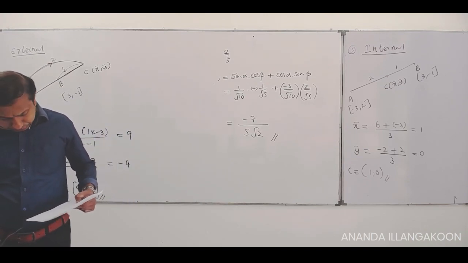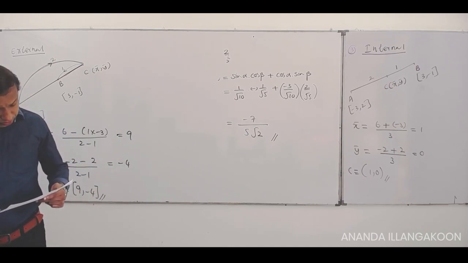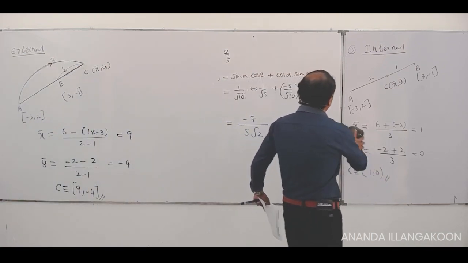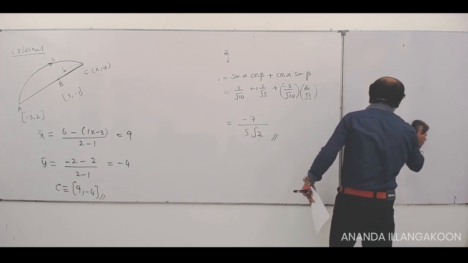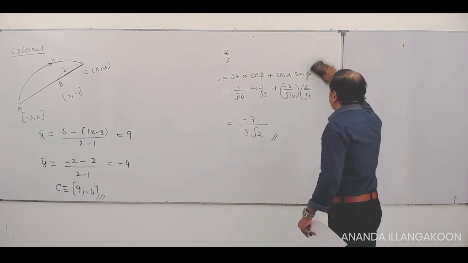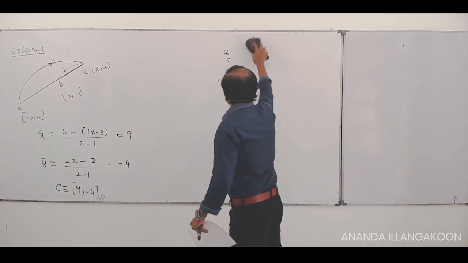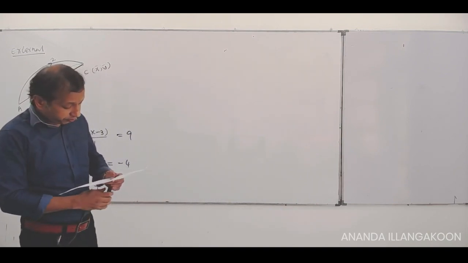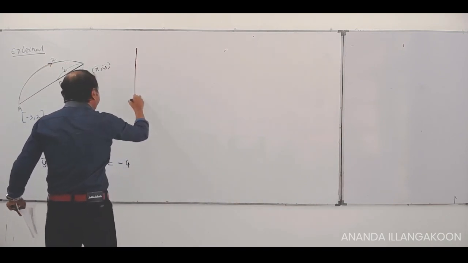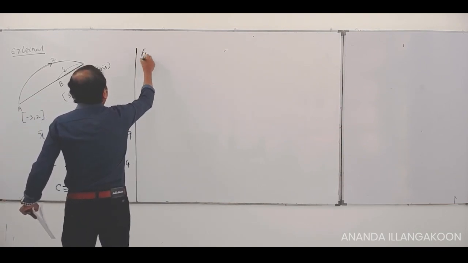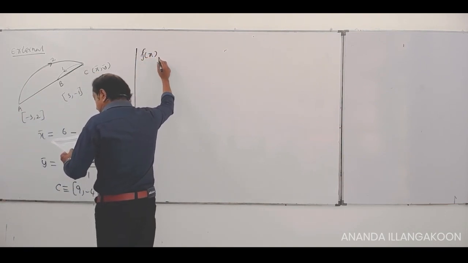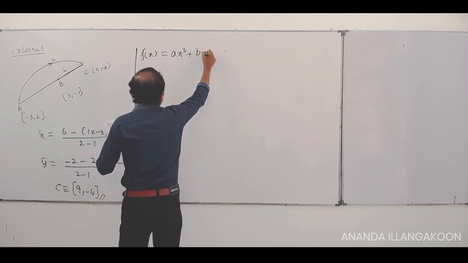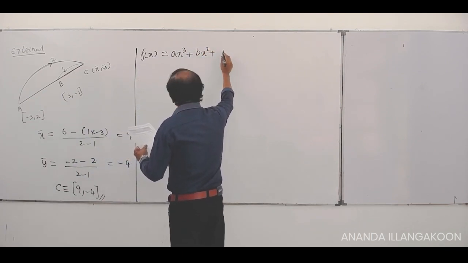Right. Next one, number 4. f(x) is given as ax cube plus bx squared plus cx minus 2.